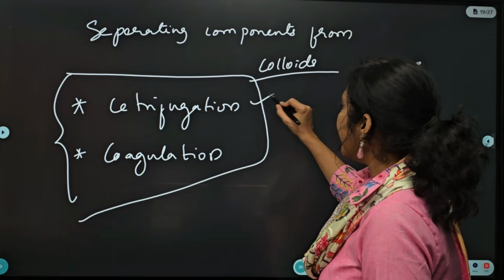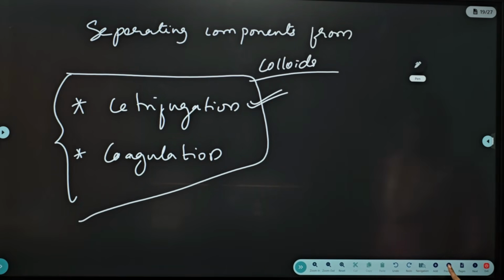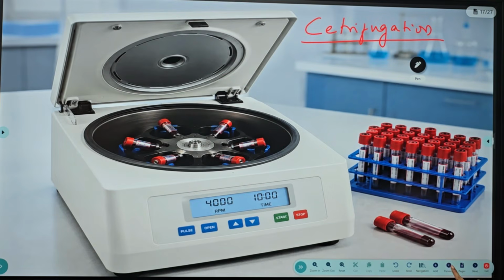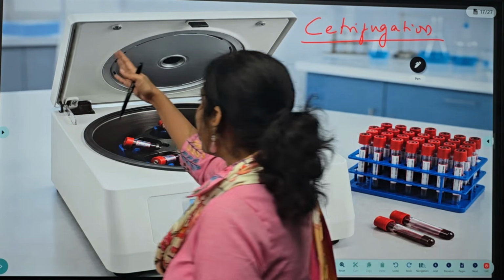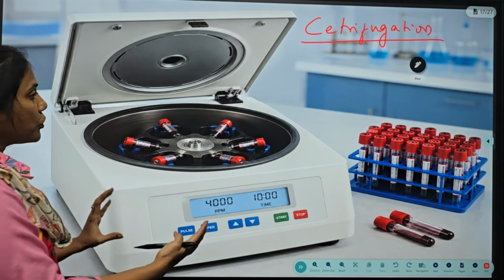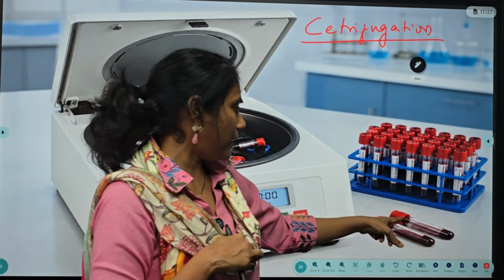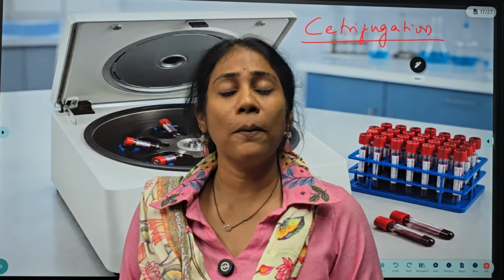So now let us understand what centrifugation is. If you look at this picture, this machine is there. I told you blood is a colloidal solution. The medical people will collect your blood for testing different components. Blood has so many components: RBCs are there, WBCs are there, serum has so many components.